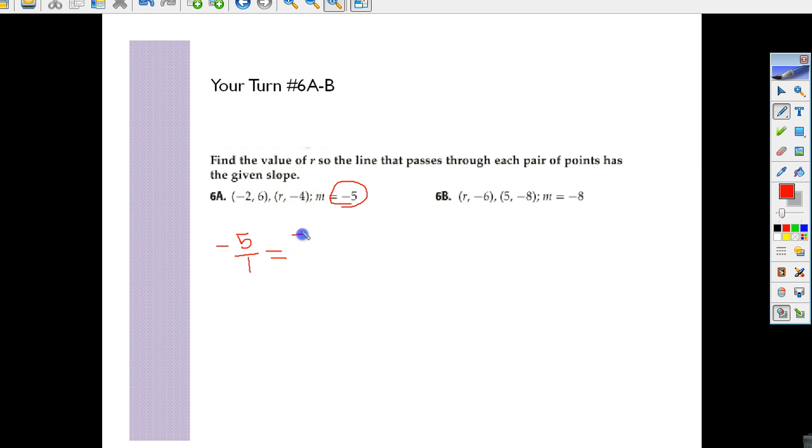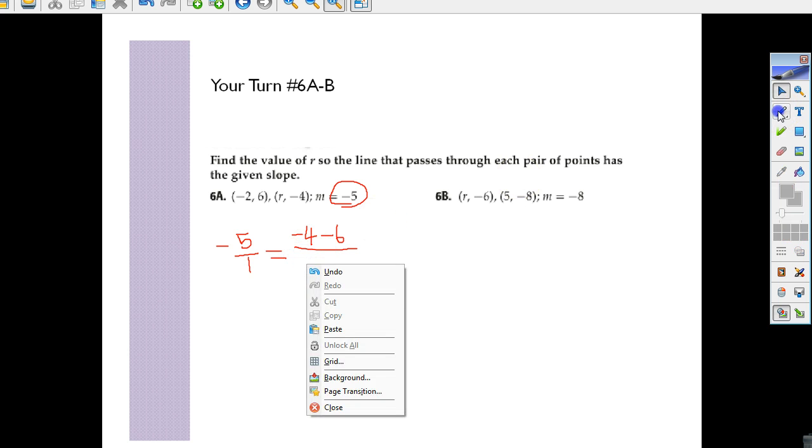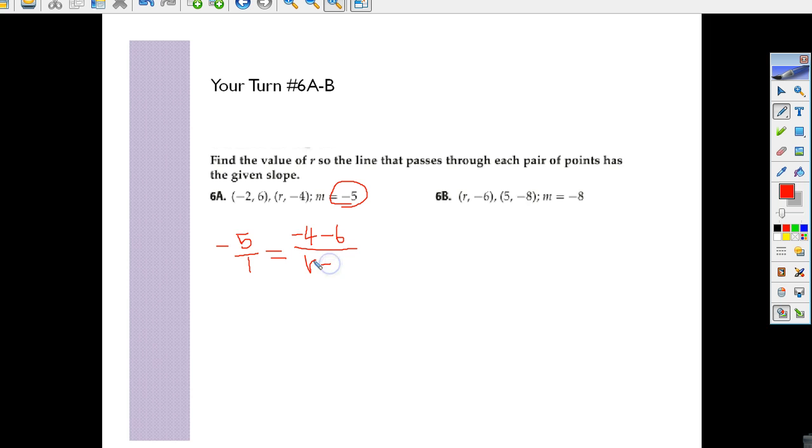y2 minus y1, negative 4 minus 6, over r minus negative 2. Now you're going to cross multiply. But before you do that, I'm going to make that into plus 2. So now you have negative 5 over 1 equals negative 4 minus 6 is negative 10 over r plus 2.